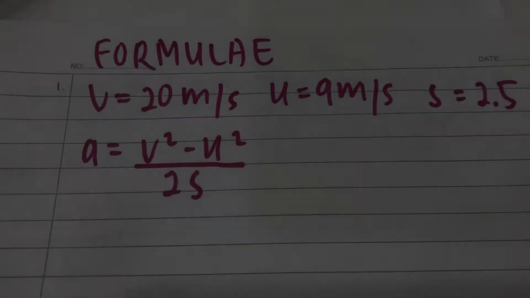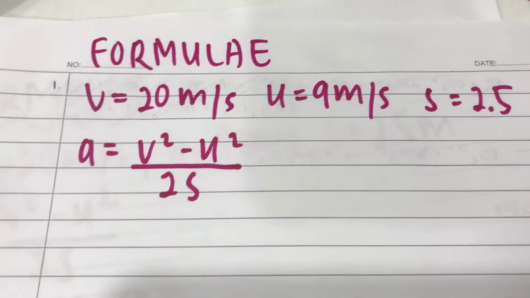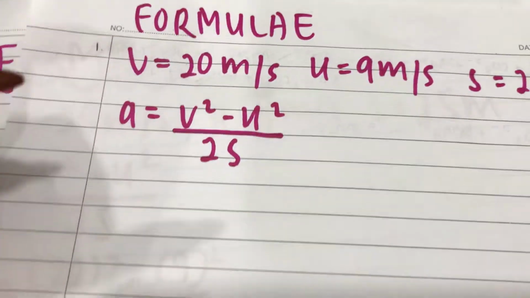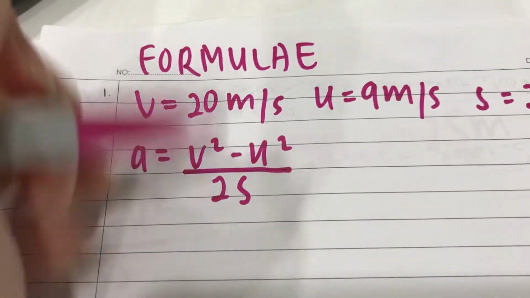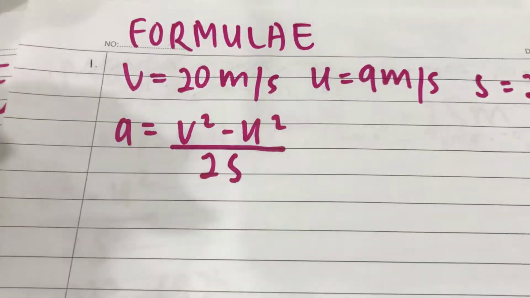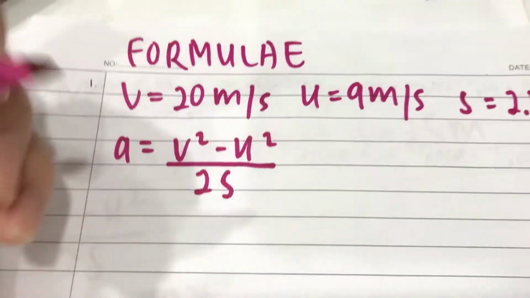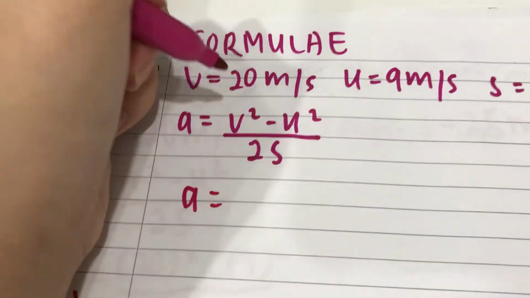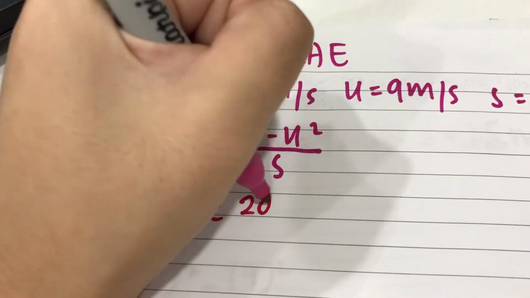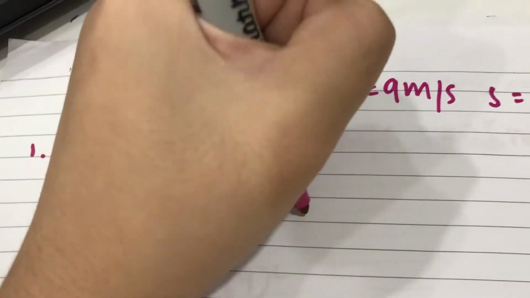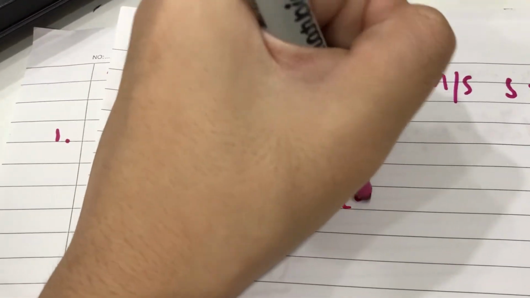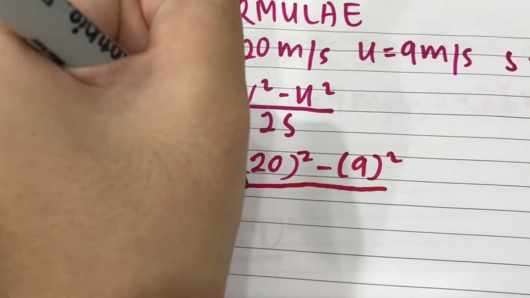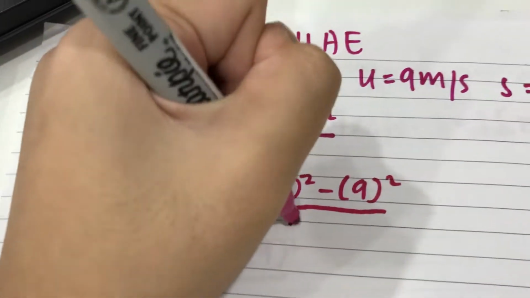So for formula, we just have to know how to substitute numbers into a formula. Like A is acceleration. This is a formula for acceleration. To substitute, we write A equals V is 20, so 20 squared minus U. U is 9, so 9 squared, over 2.